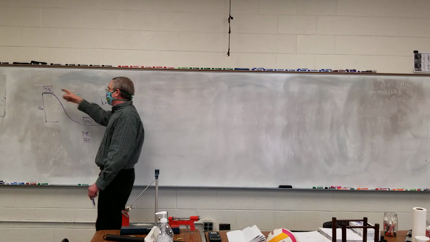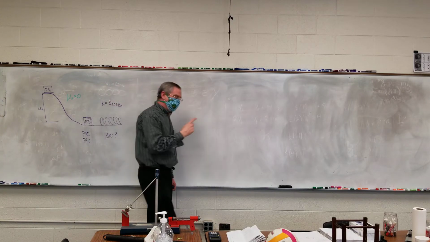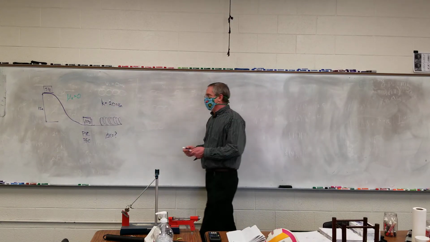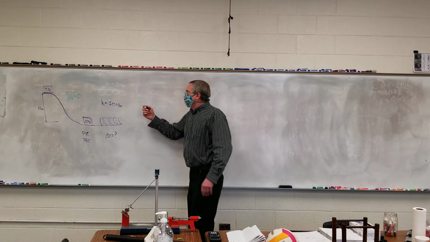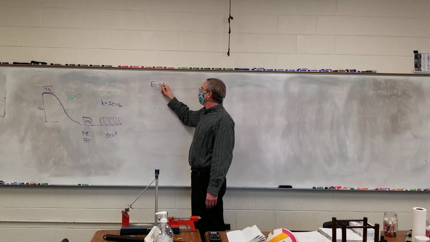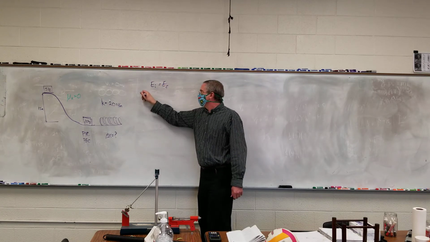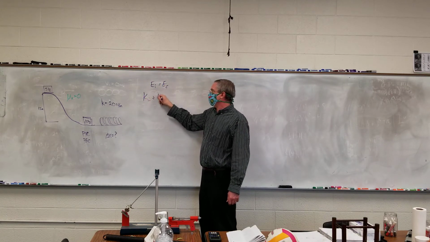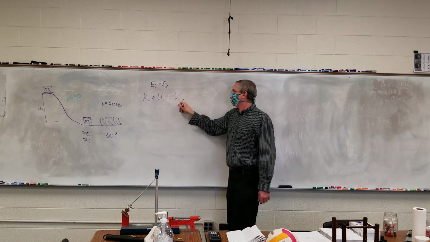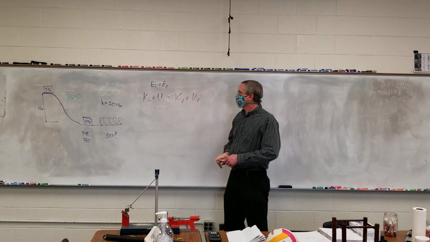All right, so as it goes down, energy is conserved because the only thing doing work is the work done by a conservative force. So the initial energy equals final energy. I've got my two types, kinetic plus potential. Initial is equal to kinetic final plus potential final.